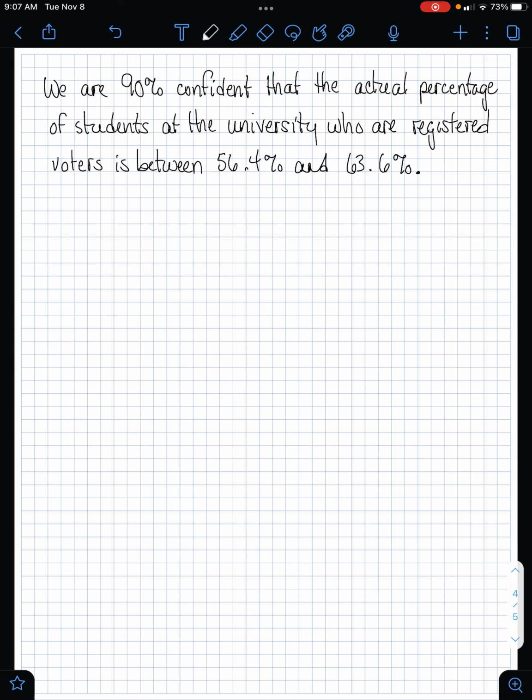Now, we didn't worry about this with the previous lesson where we did the confidence intervals for the mean for small samples, because the idea of the small samples was that we weren't worried about hitting a certain margin of error. We were concerned with the fact that we had a small sample to begin with.